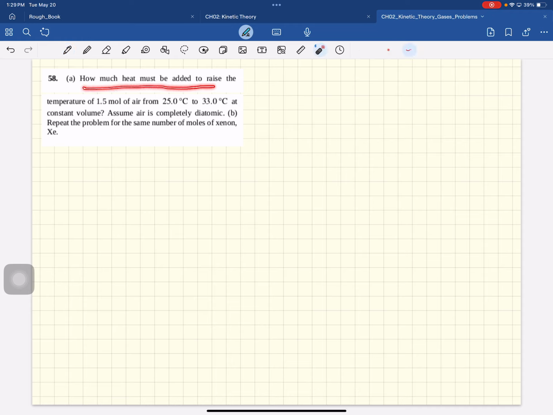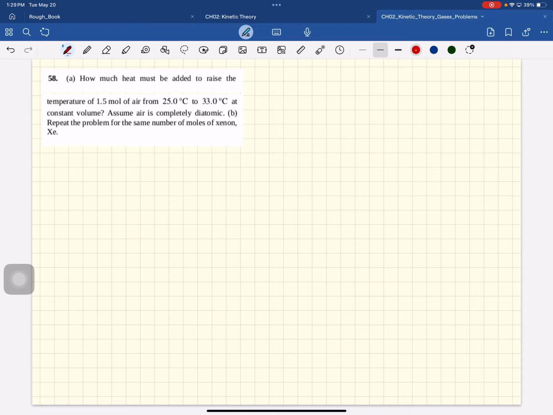How much heat must be added to raise the temperature of 1.5 moles of air from 25 to 33 degrees Celsius at constant volume? Assume the air is completely diatomic. Repeat the same problem for the same number of moles of xenon.